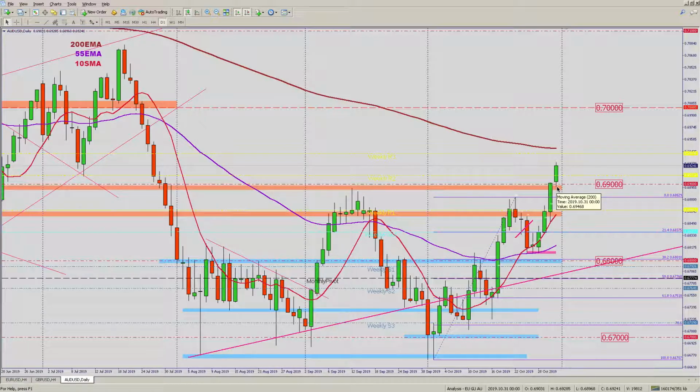This was also after better than expected building approvals figures from Australia.